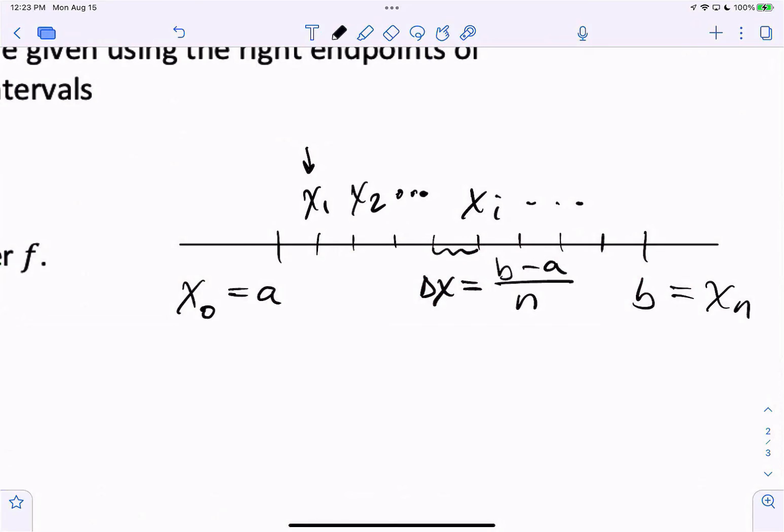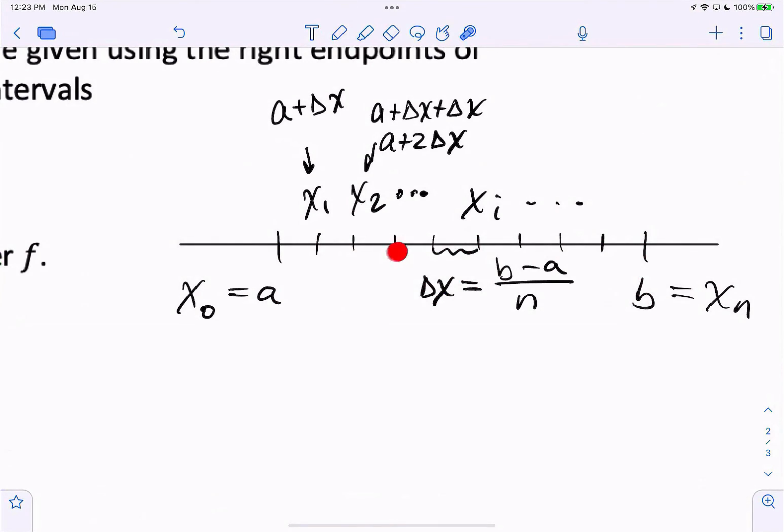Now let's talk about these endpoints. x sub 1 is a plus delta x, the width of a subinterval. x sub 2 is that value, a plus delta x, plus another delta x, right? So a plus 2 times delta x. And you can see that x sub 3 would be a plus 3 delta x.